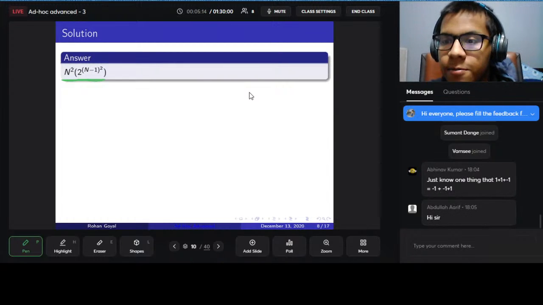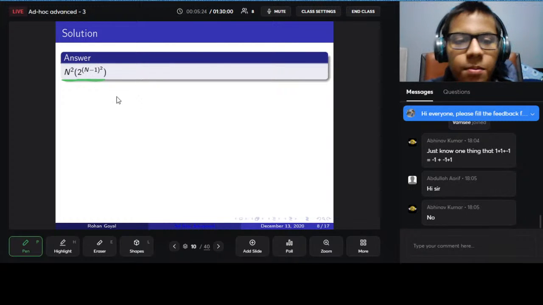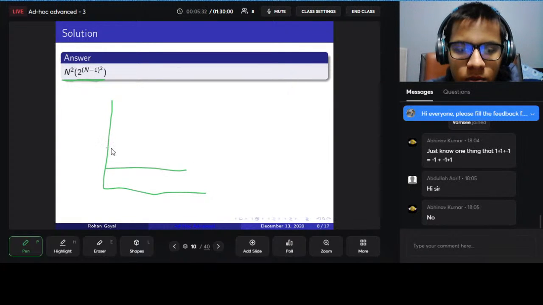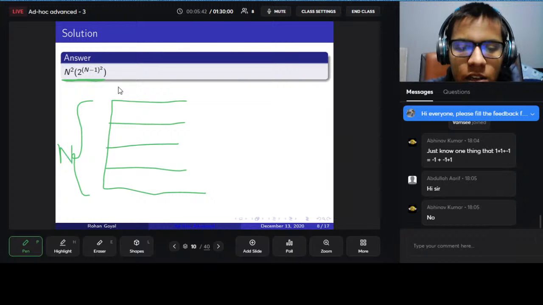Hi, Abdullah. Any ideas? Okay. So see, we have n rows, right? These are n rows, and similarly n columns.